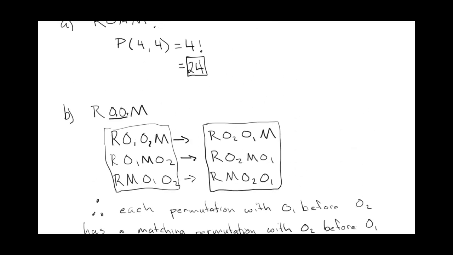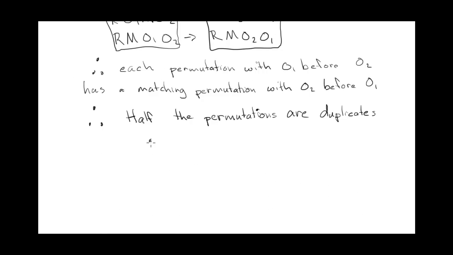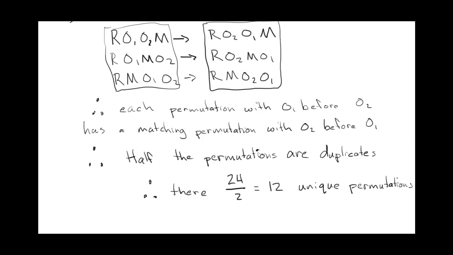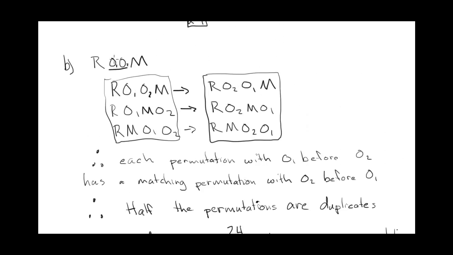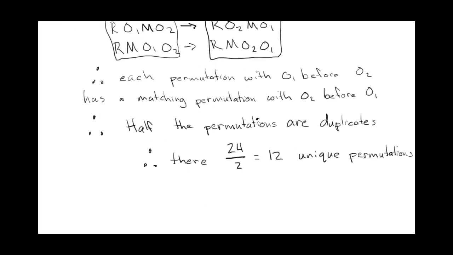We just need to divide it by 2. So therefore, there are 24 divided by 2 equals 12 unique permutations. So when we had 2 O's, we had to divide by 2.